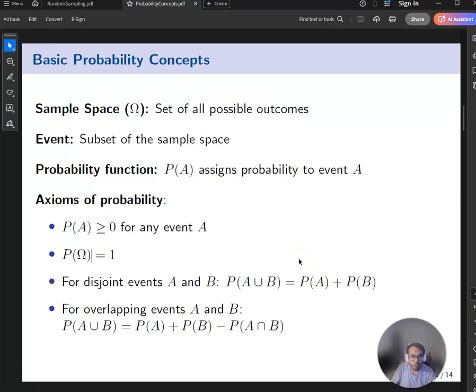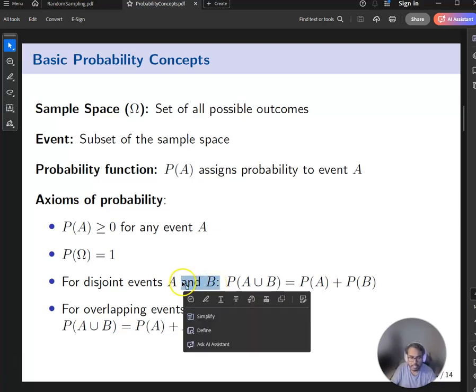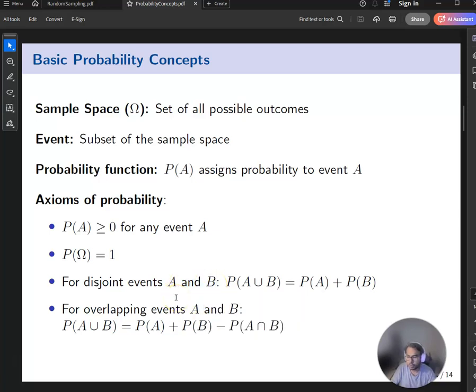Third, for disjoint events A and B, what we mean by disjoint events is that they cannot happen at the same time. So if I define A and B as two events which we define as disjoint, then what will always happen is either A will occur or B, but never A and B together.